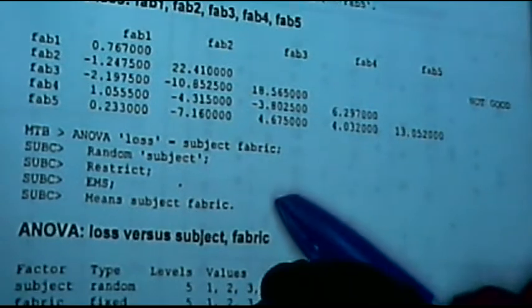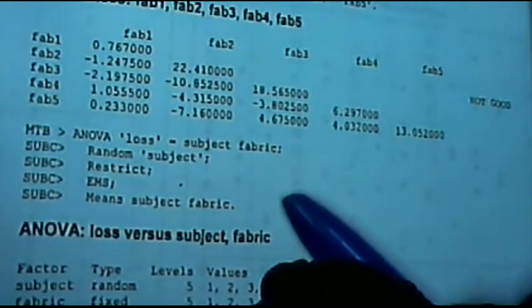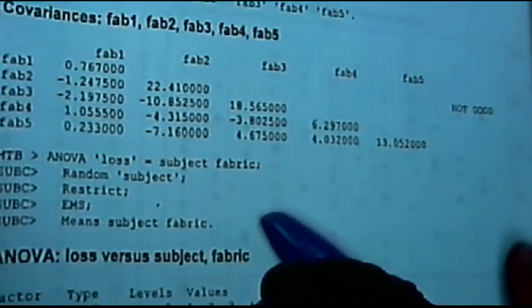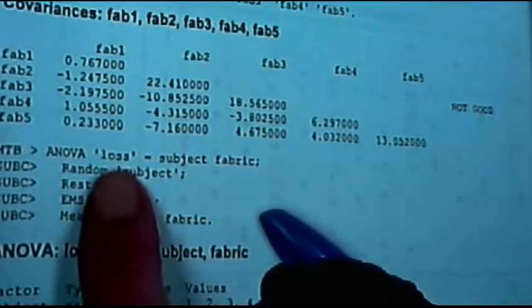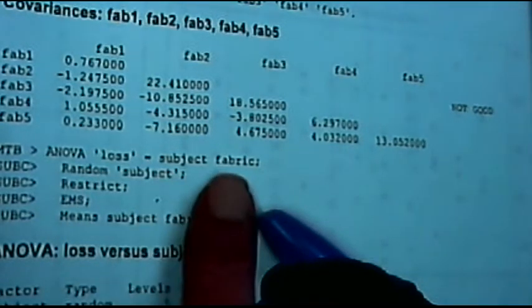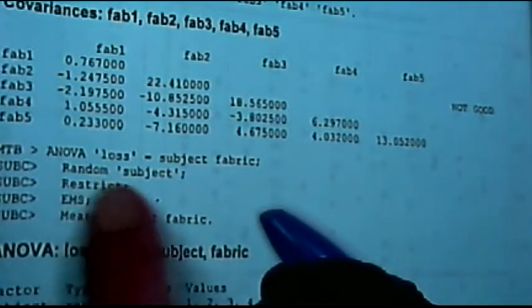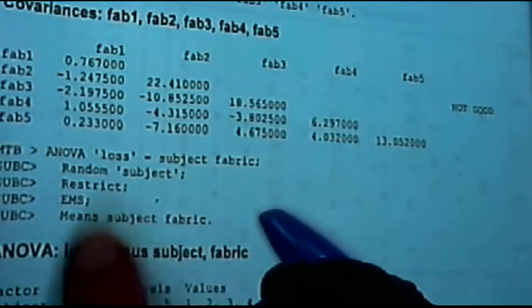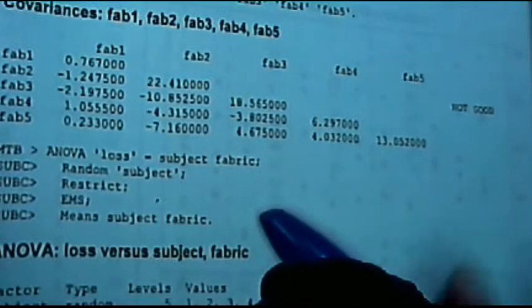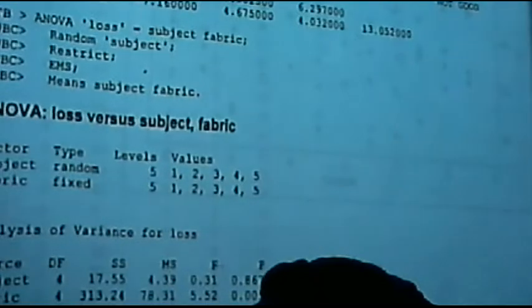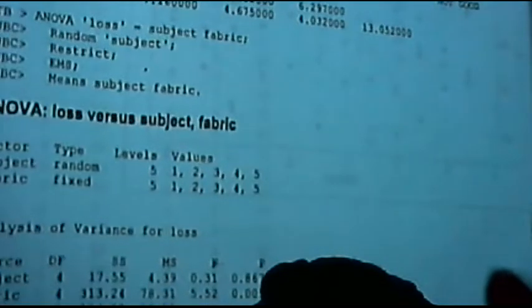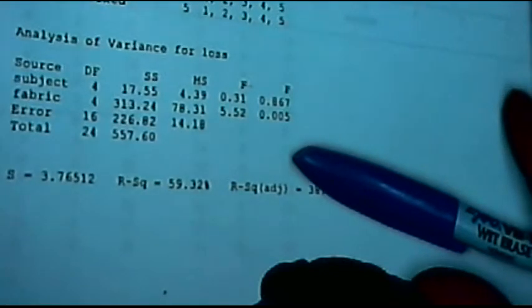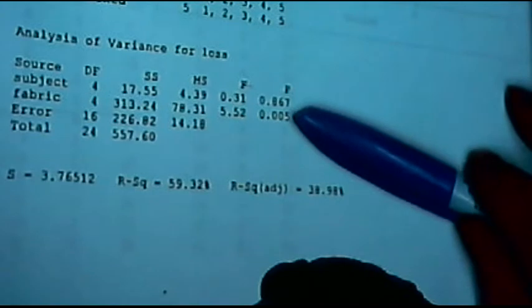So that's right here with the ANOVA command. The loss in water equals subject fabric, random subject, and the rest of this is just boilerplate. So here's the ANOVA table. Where am I at? Okay. Here's the ANOVA table, and again, it's obvious how to interpret it. We look at the 2 p-values.